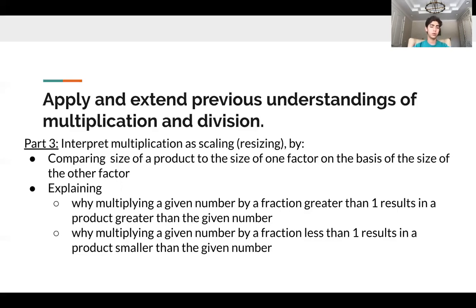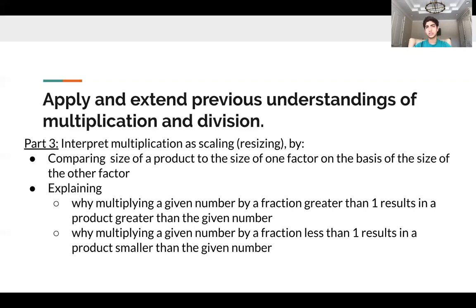Now something else. We have to understand why multiplying a given number by a fraction greater than 1 results in a product greater than the given number. Pretty simple to think about. Let's say we have 1/4 and we multiply it by 2. Well, we know that's going to give us 2/4 or 1/2, which is bigger than 1/4.